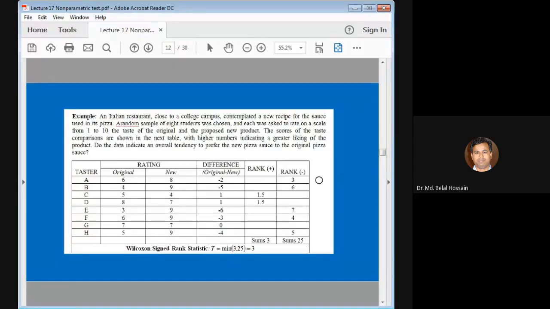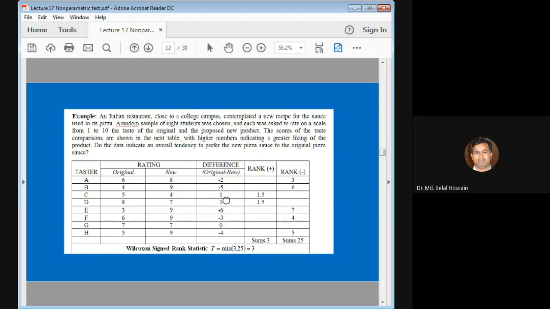So here we want to do that with an example. The example is discussed previously, that original source and new source problem. We find the differences here, and here we are doing the rank. You see, these are the differences, and we are ranking this ignoring the sign, and 0 is discarded.